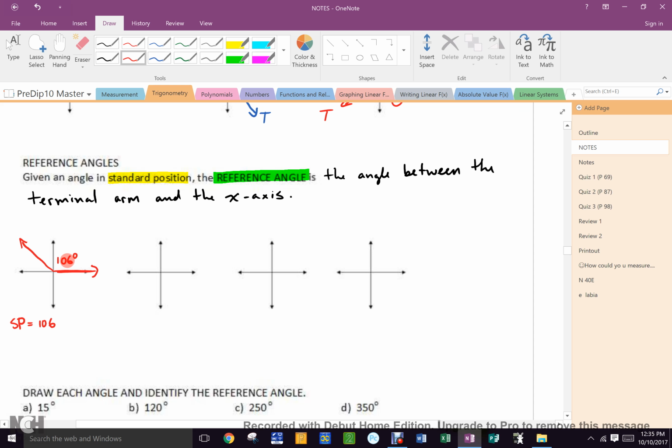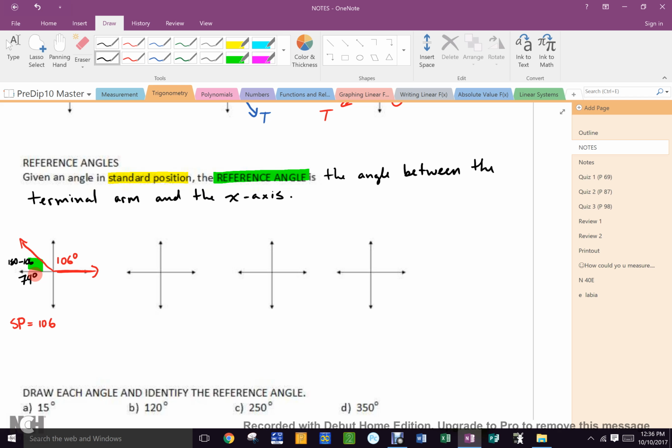So that is standard position. What then is the reference angle? The reference angle lives right in there. And how big is it? How are you going to find that? 180 minus 106 to get 74 degrees for a reference angle. Is everybody good? Okay.